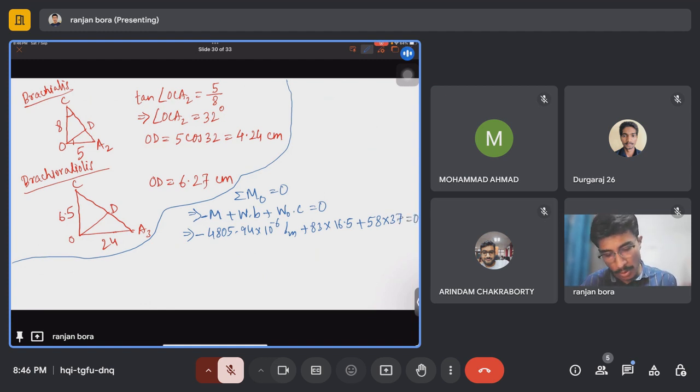If we solve this, we get the value of sigma m. Sigma m is 7.3 into 10 power 5.